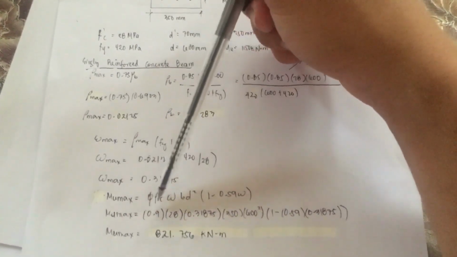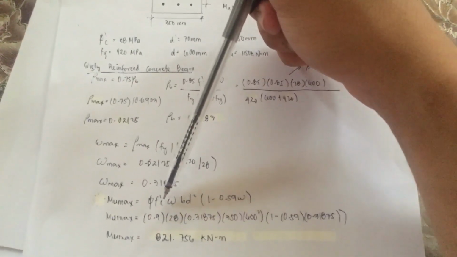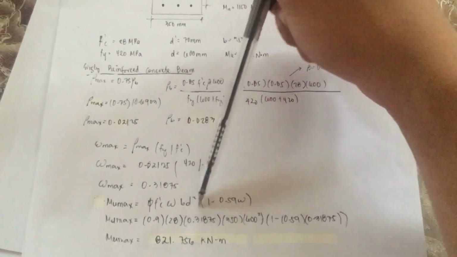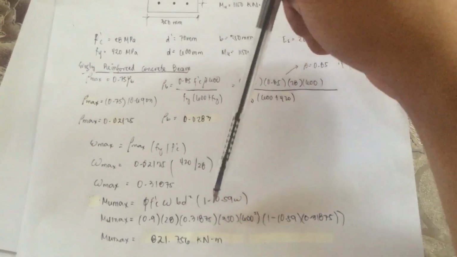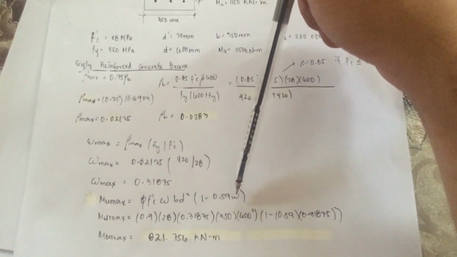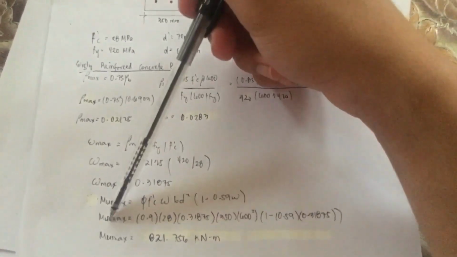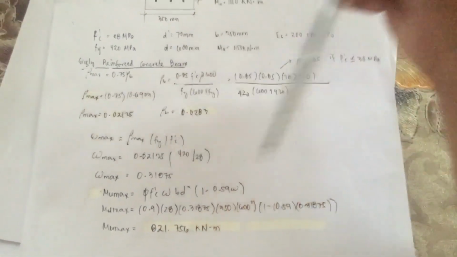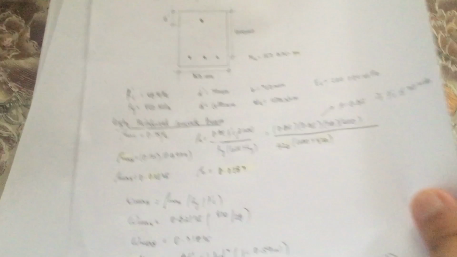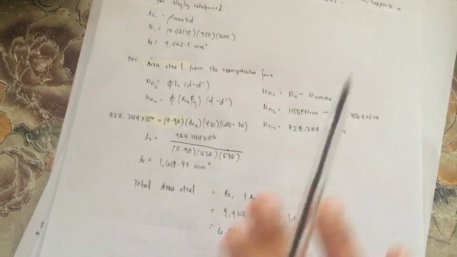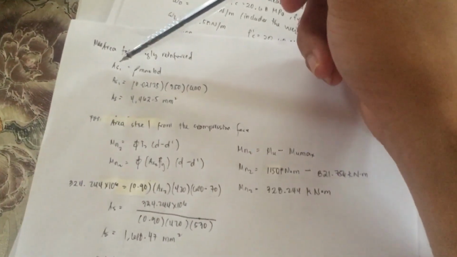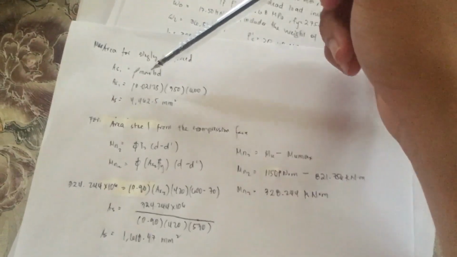Mu max is equal to phi times F prime C times omega, times the width of our concrete beam and the depth of our concrete beam squared, times 1 minus 0.59 times omega. So by substituting all the values, we'll get the maximum moment of 821.756 kilonewton meter. And in order for you to determine the area for the singly reinforced concrete beam, we have this formula by using the maximum steel reinforcement ratio.